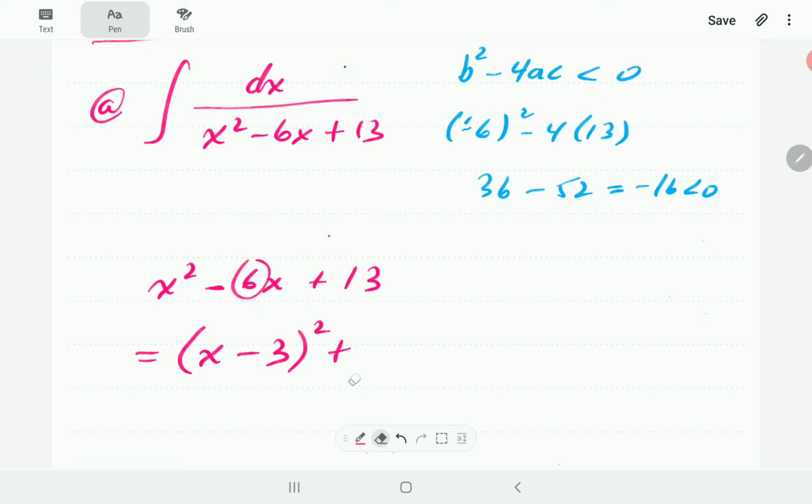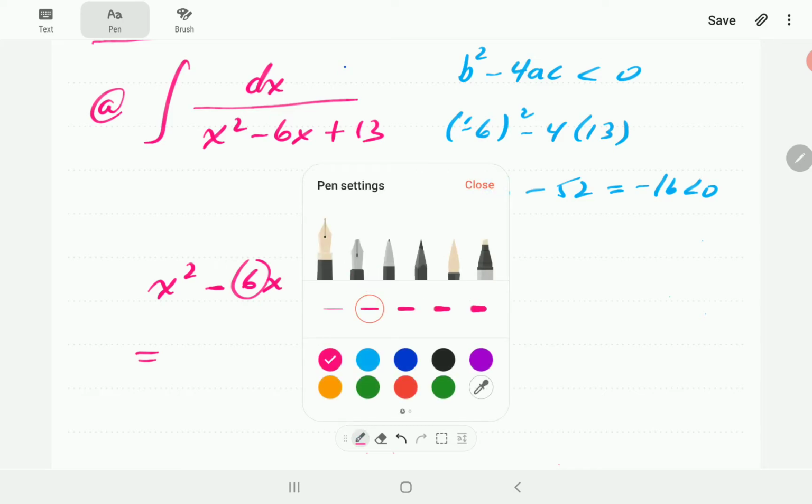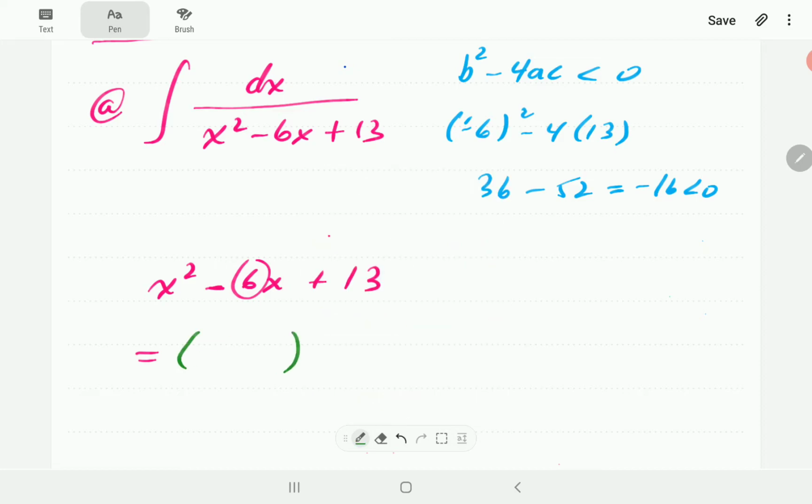Let me use some color coding here. The bits that are new I'm going to write in a different color. So this changes to x minus 3, squared.